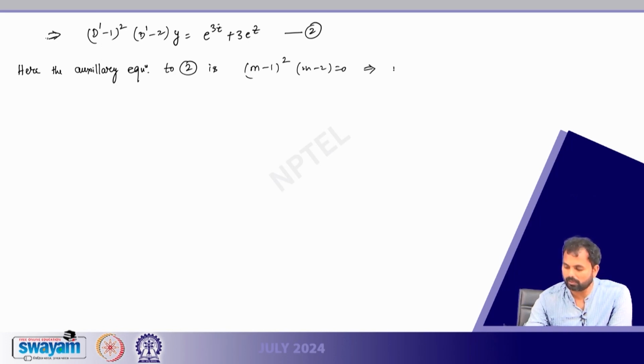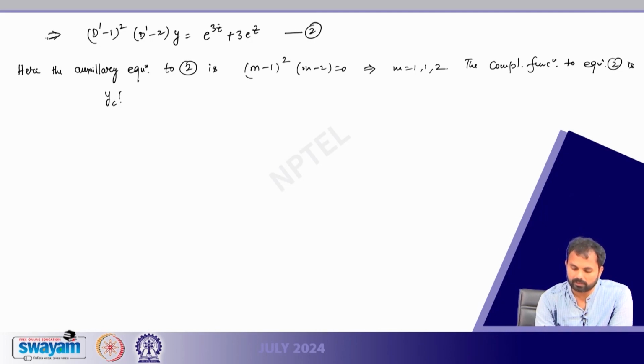So from here I will get the roots as 1, 1 and 2. So the complementary function to equation 2 is y c of z equals c1 plus c2 z into e to the power z plus c3 e to the power 2z. Let us call this equation number 3.